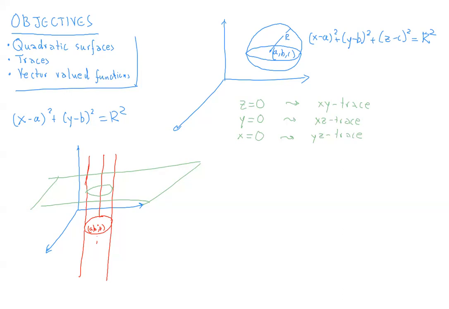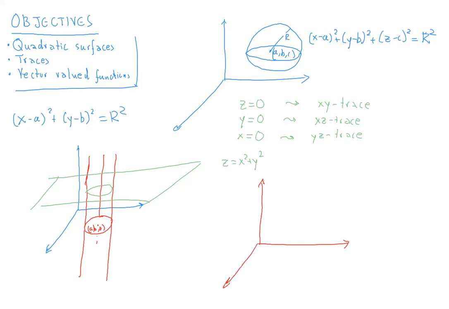So let's consider a quadratic surface given by z is equal to x squared plus y squared. Let's try to understand what it would look like geometrically. So we sketch the coordinate system in 3D.